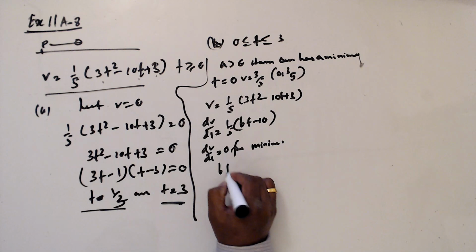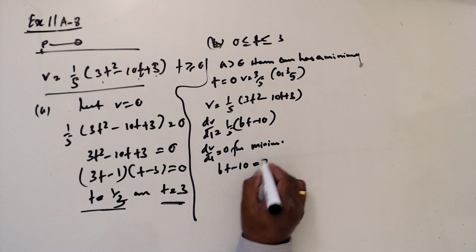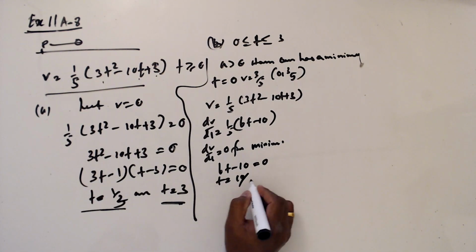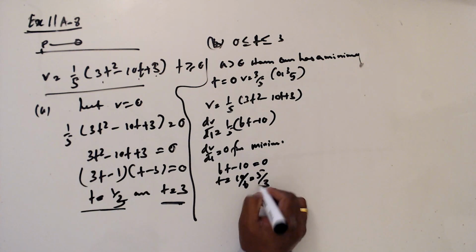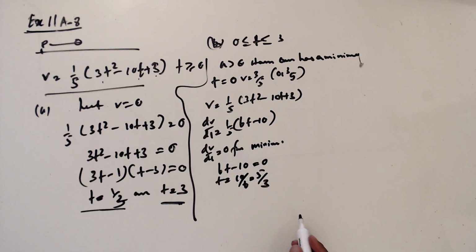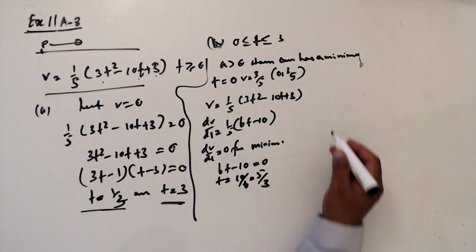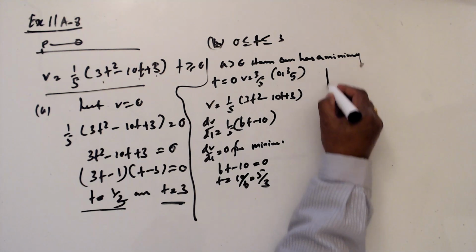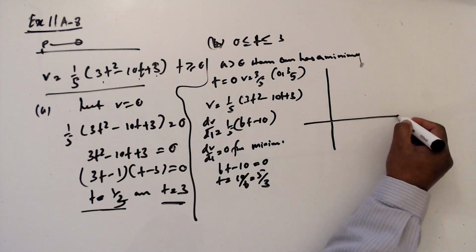Then 6t minus 10 equals 0, t equals 10 divided by 6, which is 5 divided by 3. When t equals 5 by 3, we will get the maximum or minimum value. So its graph is going to be something like this.